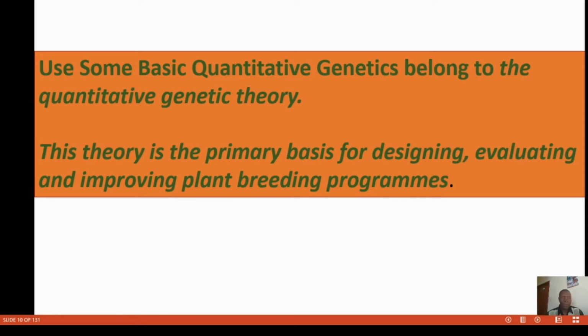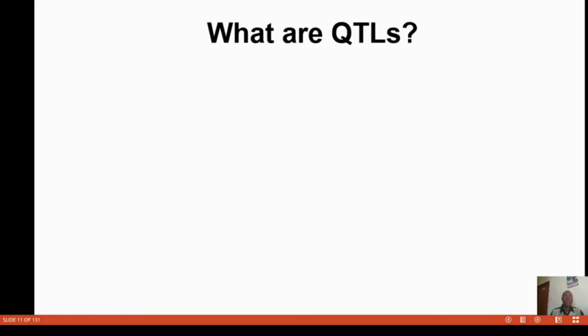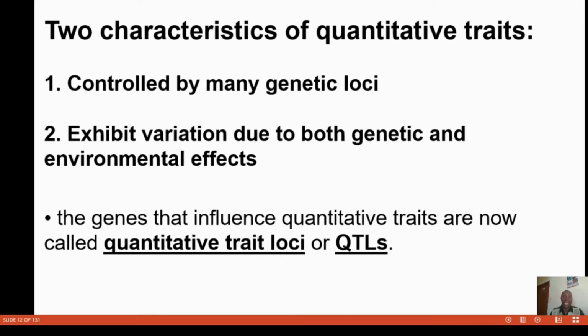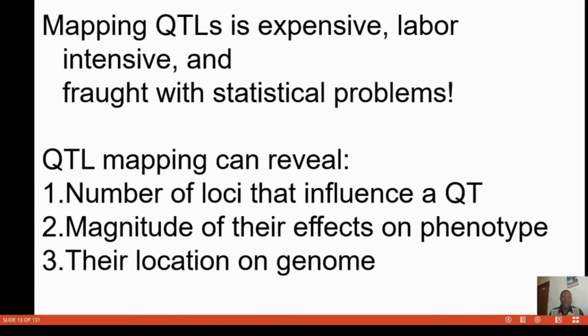That's why it's very essential for us to understand some of the issues connected with the genetic theory relevant to plant breeding. So the first part of the issue is about the QTLs. And we talked about the QTLs before, looked at the two characteristics.